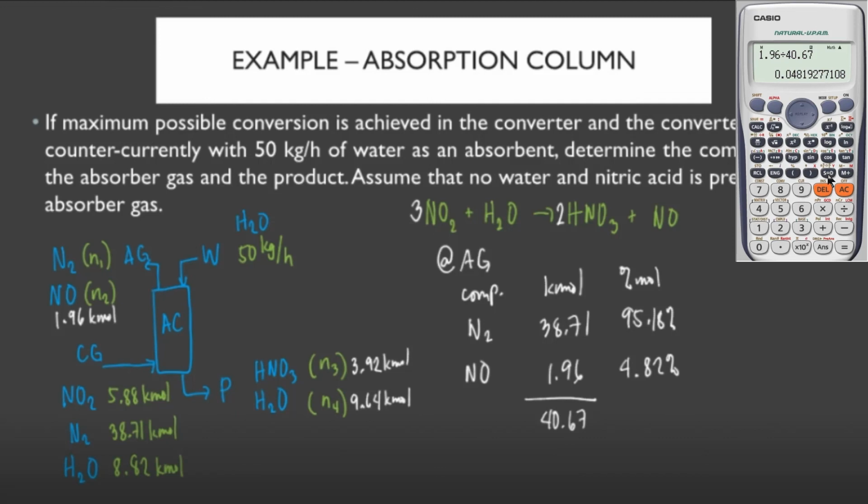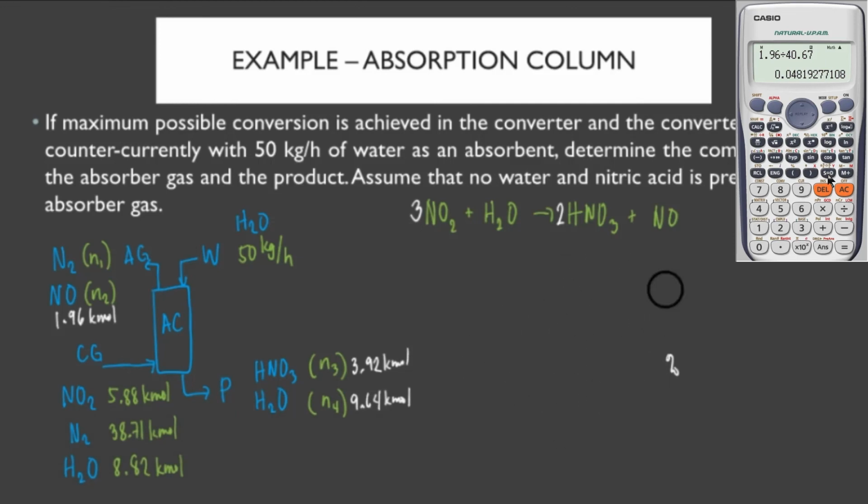For the last part of the problem, let's solve for the composition of the product stream. Now, the product stream needs to be represented in terms of percent by mass because it's a liquid solution. So we would have to convert the following moles for nitric acid and water to mass before solving for their percent by mass or percents by weight.